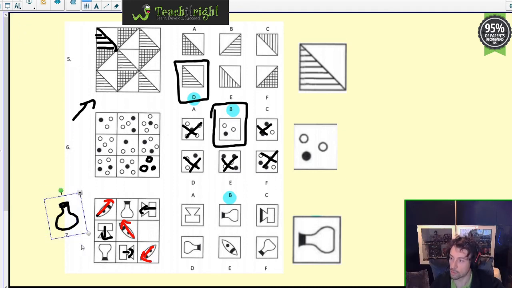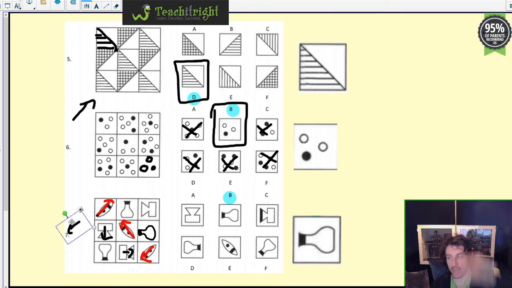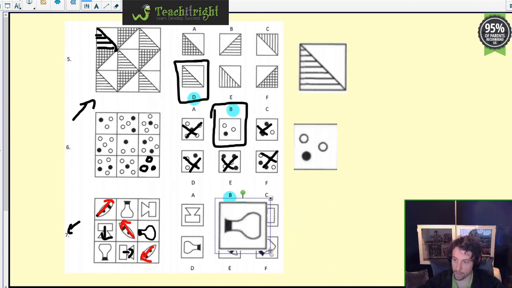So if we do the same rule to this one, we drop it 90 degrees, it should look like this. What I might just check is that same pattern following for this shape? Yep, look, as I drop it a row, it's rotating 90 degrees anti-clockwise. So I think the rule is, as the shape drops down a row, obviously its position changes, but it rotates 90 degrees anti-clockwise, which is why it's option B over option D.